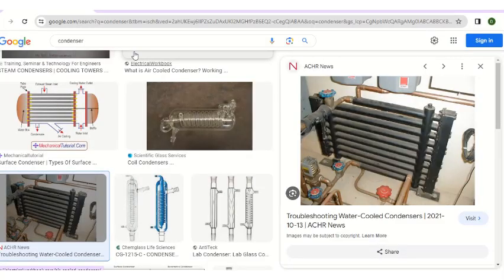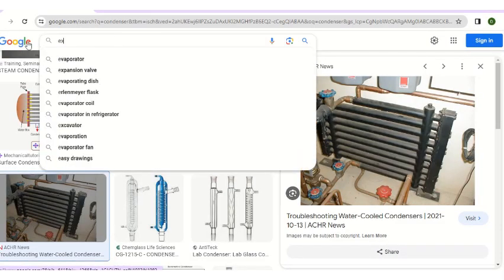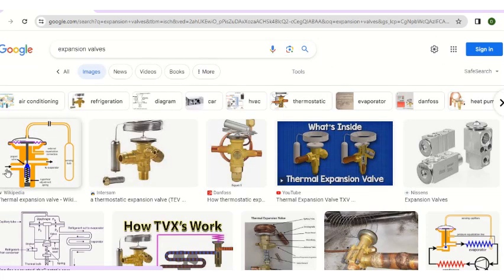One more component is expansion valves. One valve is smaller in diameter and the other is larger in diameter. So it will provide room for expanding.